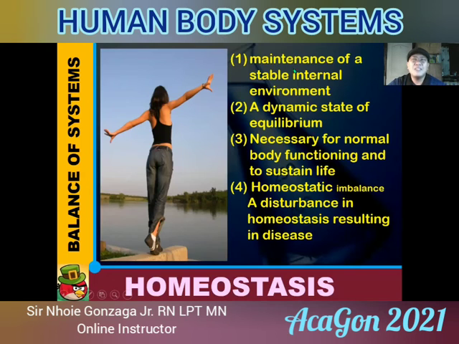Homeostasis is the maintenance of a stable internal environment. It is also a dynamic state of equilibrium. It is necessary for normal body functioning and to sustain life. Homeostatic imbalance is a disturbance in homeostasis resulting in disease.